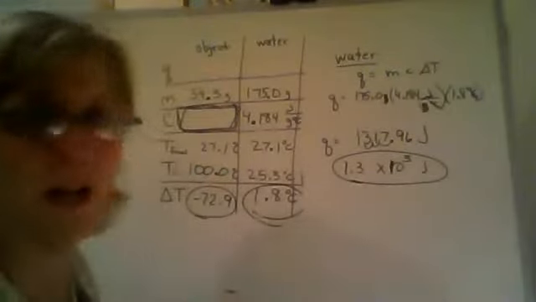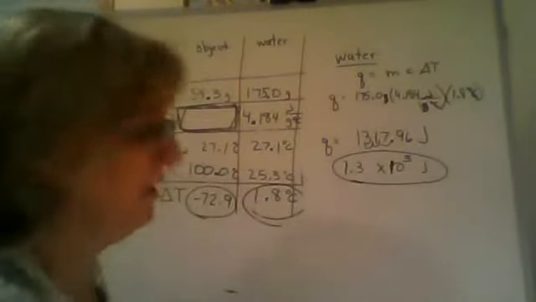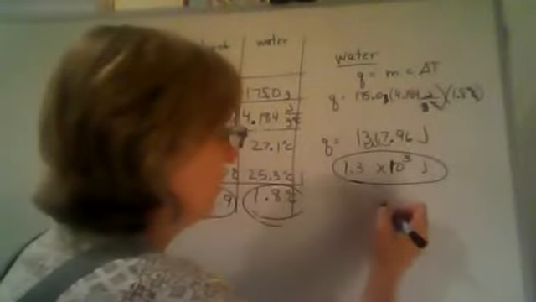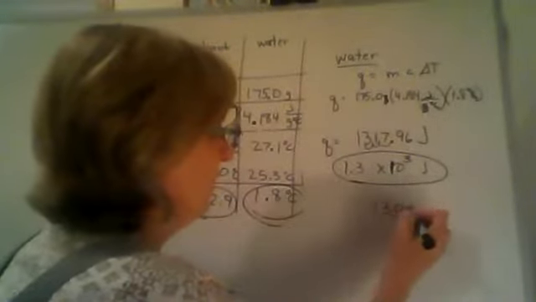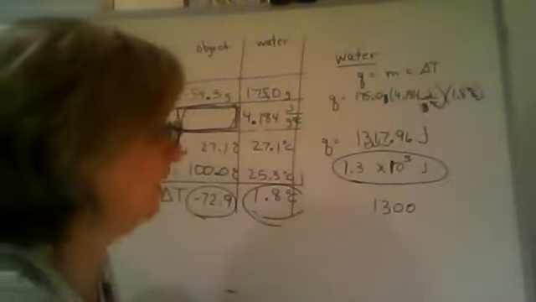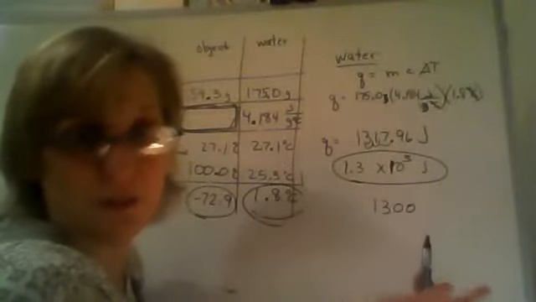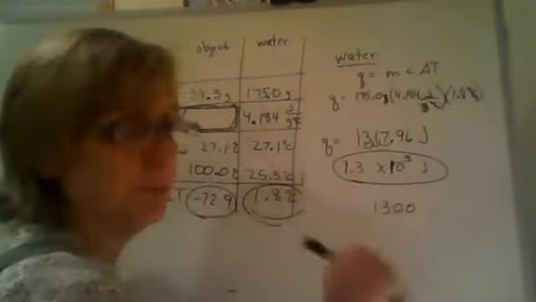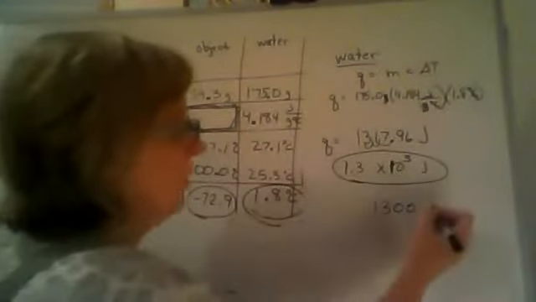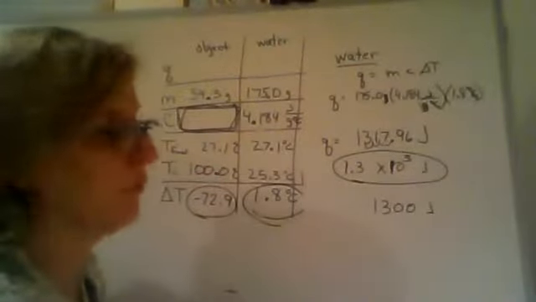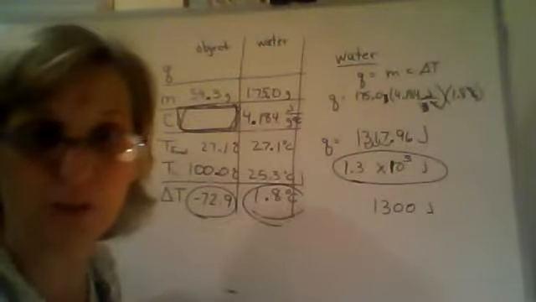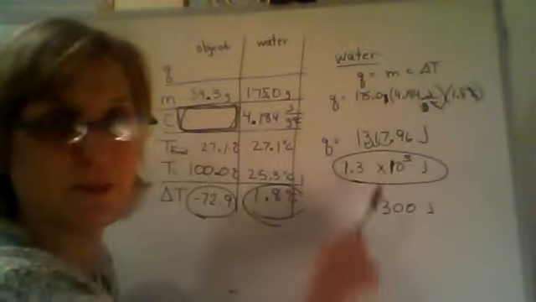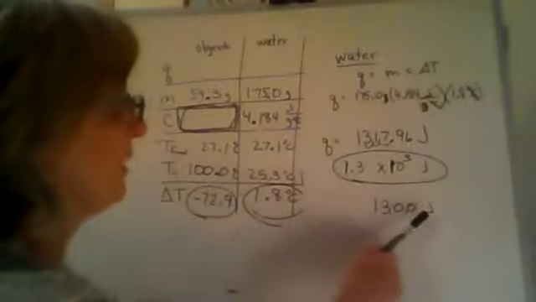Another way you can do it, once you type this into your calculator, it's going to give you 1,300, which is also 2 significant figures. These two zeros don't count, and don't put a decimal because then you have to count it. So it could be 1,300 joules, whichever one you want to use. They're the same number. But let's plug that in.